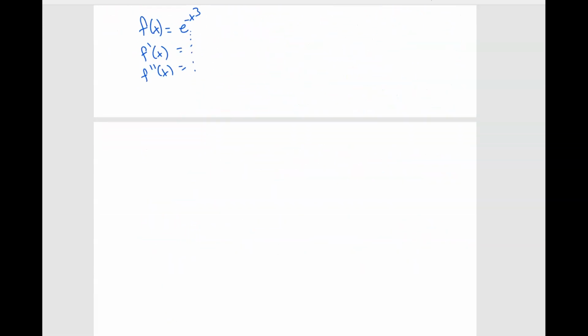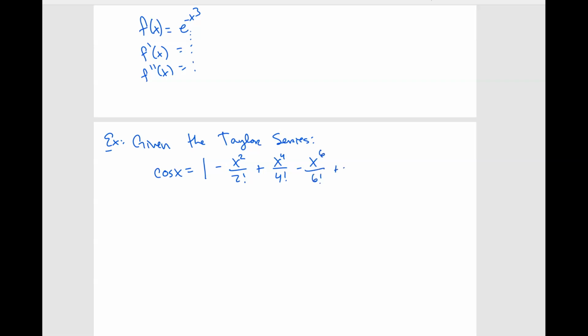So let me give you another example. So let's say we want to find this. So given the Taylor series of cosine of x is equal to 1 minus x squared over 2 factorial plus x to the 4th over 4 factorial minus x to the 6th over 6 factorial, and then it keeps going.